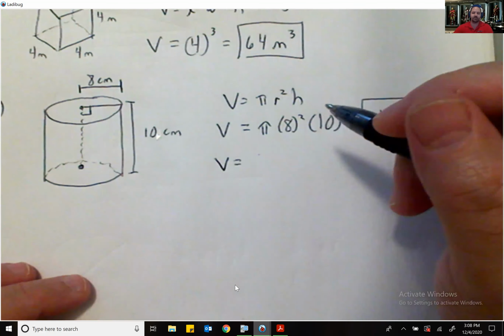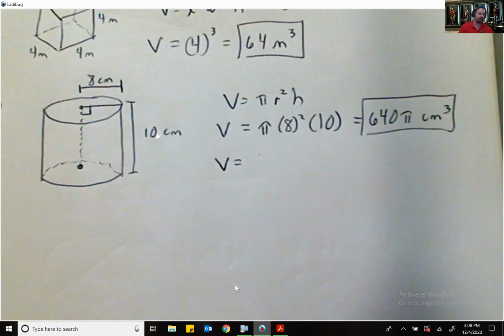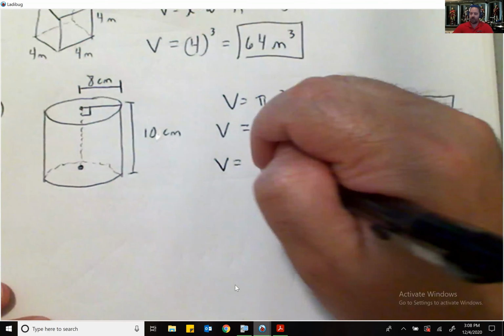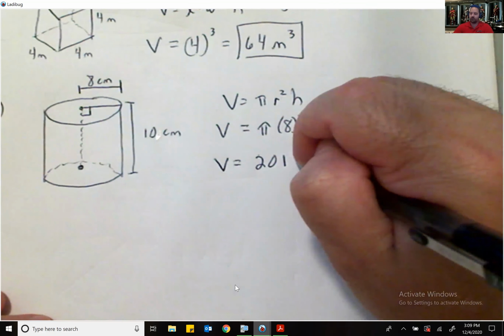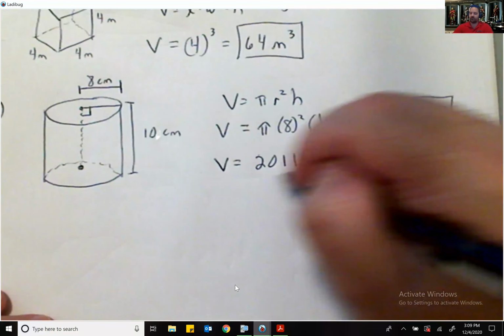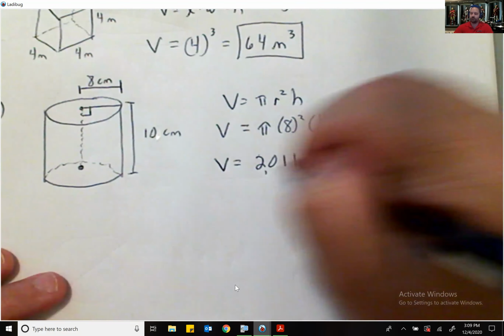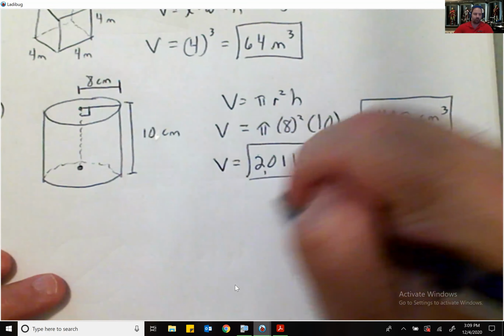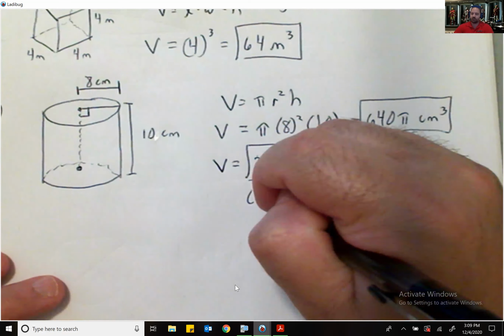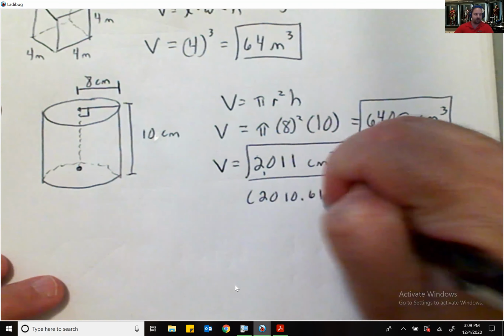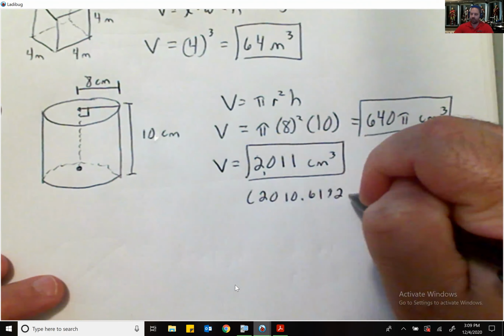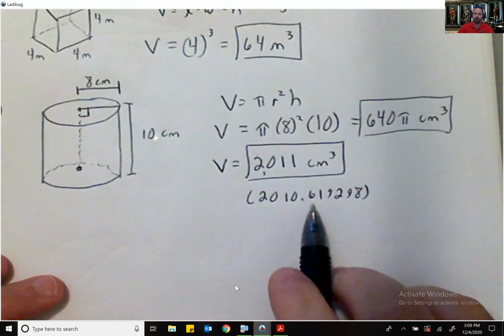Yeah, 2011. So 2011 centimeters cubed. Because the decimal was 2010.619298, and the 6 says, hey, 0, up your game.